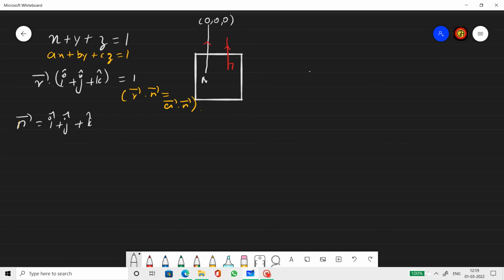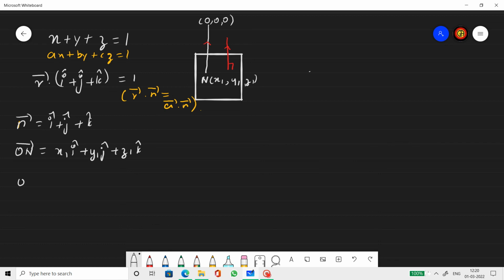Let's consider the foot as N, and let us consider the coordinates of the foot as x1, y1 and z1. So ON vector will be x1 i cap plus y1 j cap plus z1 k cap. Now, as I said, the normal is a line that is perpendicular to the plane. ON is also perpendicular. So both the normal and ON are parallel to each other.